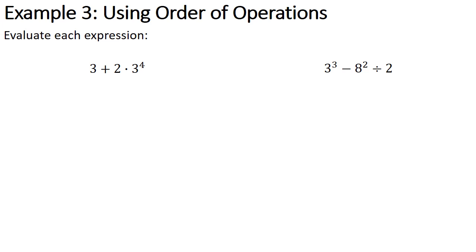So with our calculators that we have in class, we will be able to plug all of this into our calculator in order to solve this. So we can do 3 plus 2 times 3 raised to the 4th power, and it gives me an answer of 165.